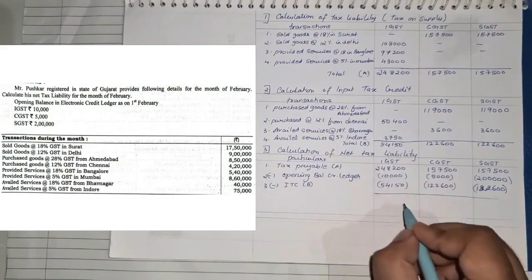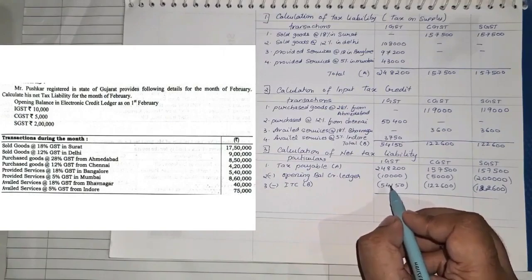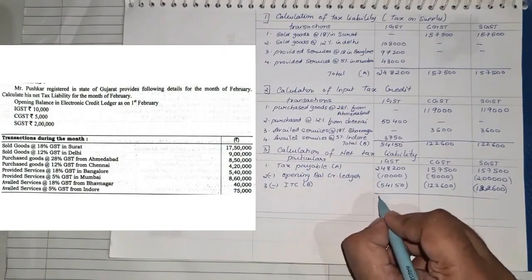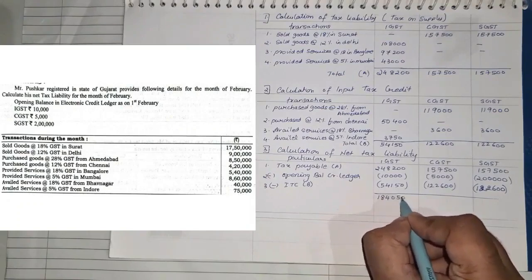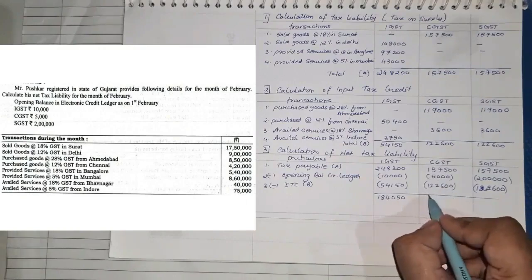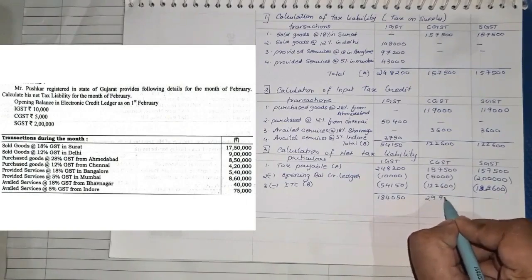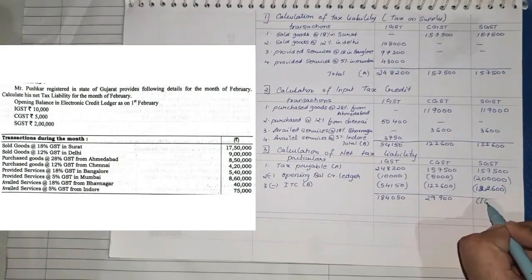Once we do that, we minus it. So 248,200 minus 10,000 minus 54,150, I get a difference of 1,84,050. The same when I do for the second one, I will get 29,900. And for the third one, since the amounts are huge, it goes in negative, 1,65,100.